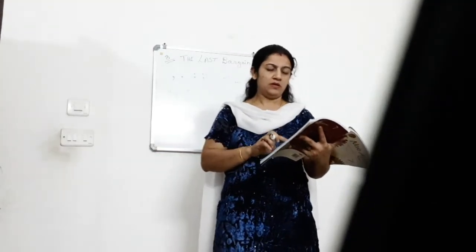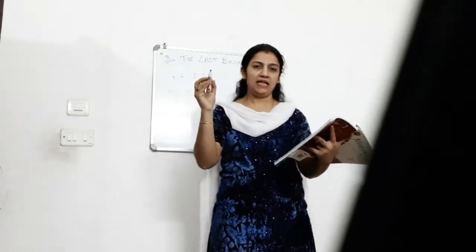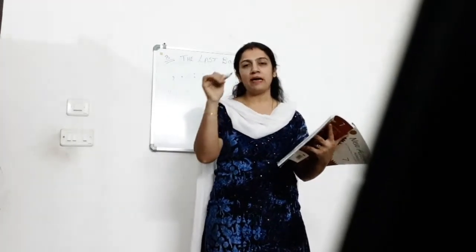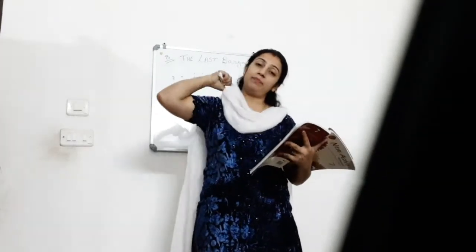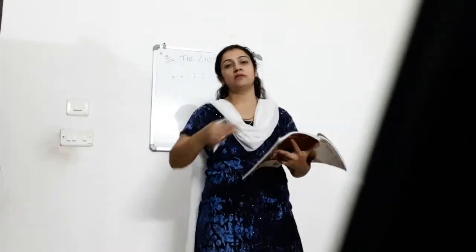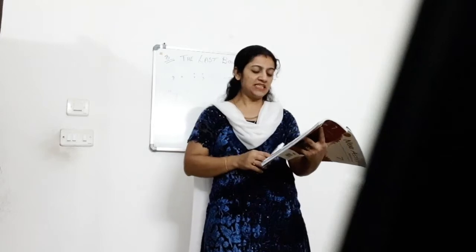Suppose, for example, I went to the market and I bought colon, pencil, rubber, books, bag, tiffin box, water bottle. So lots of things will follow, right? So let us see an example here.